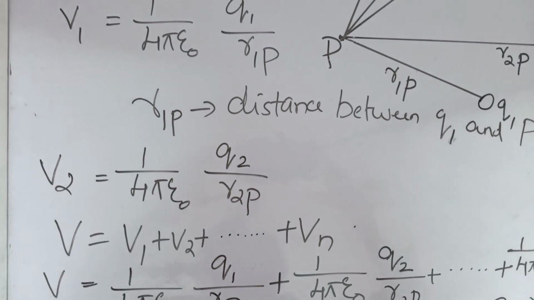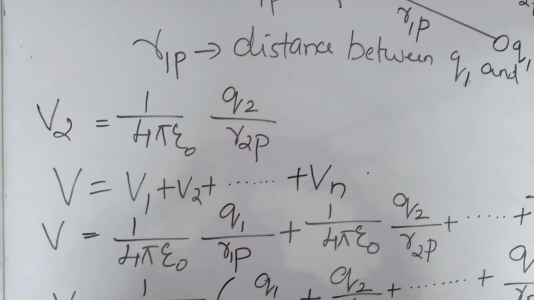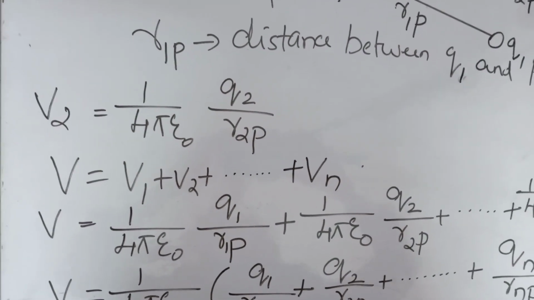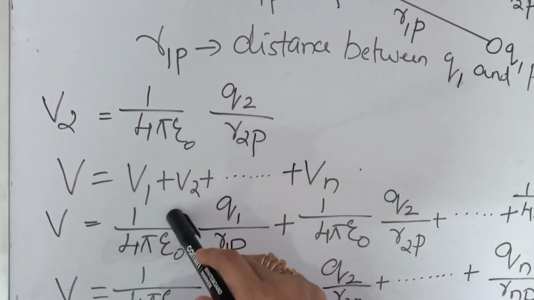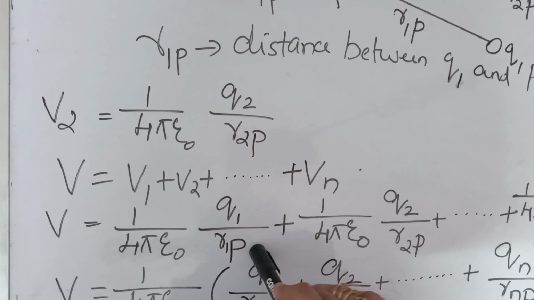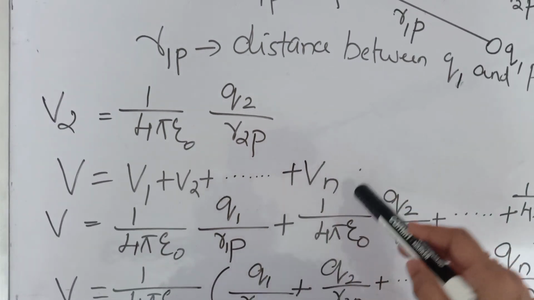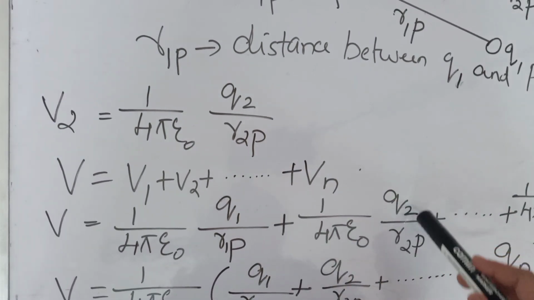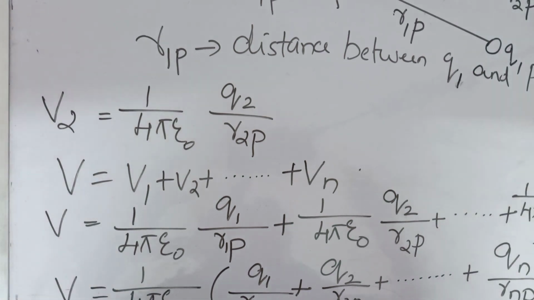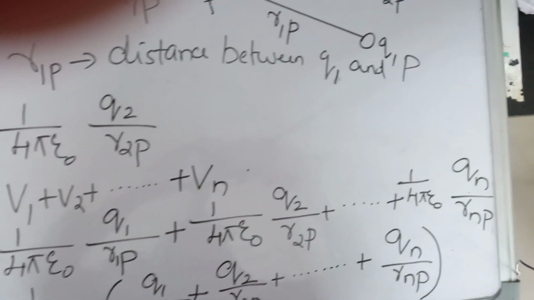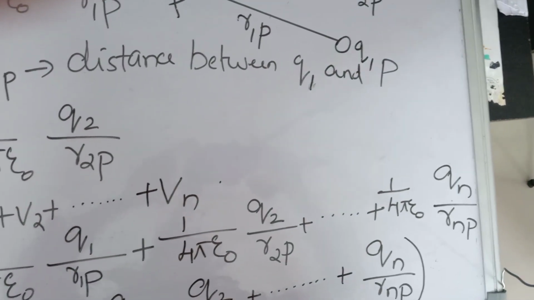So V is equal to V1 plus V2 plus etc. plus Vn. If we substitute the equations of V1, V2, we get V equal to 1 by 4 pi epsilon 0 Q1 by R1P plus 1 by 4 pi epsilon 0 Q2 by R2P plus etc. plus 1 by 4 pi epsilon 0 Qn by RnP.